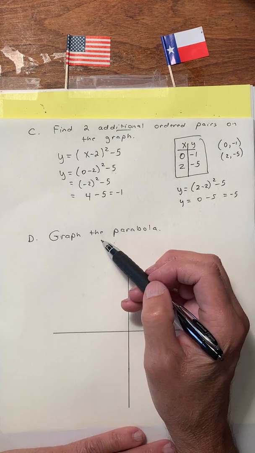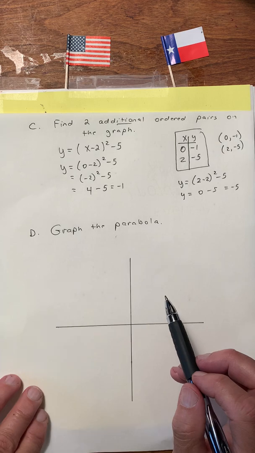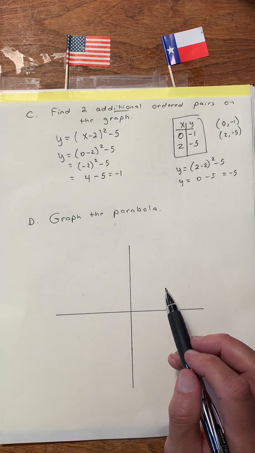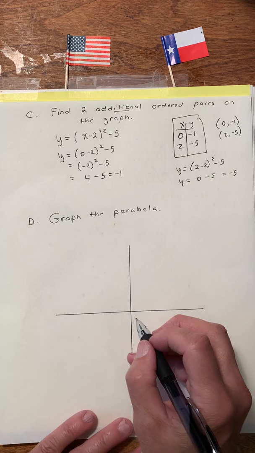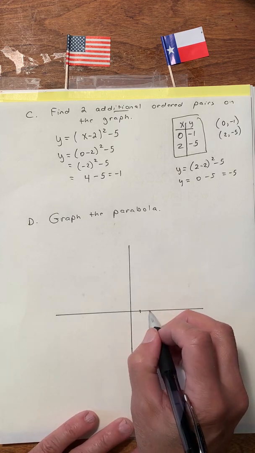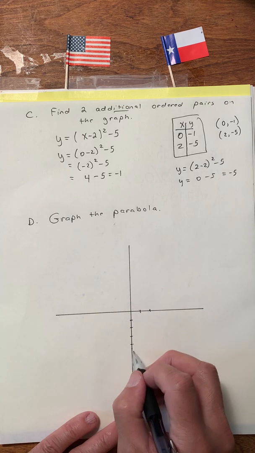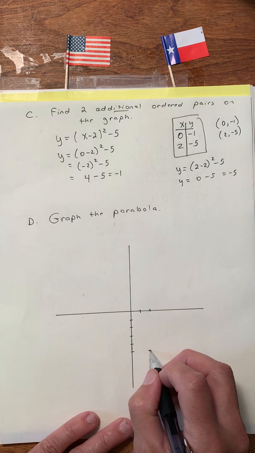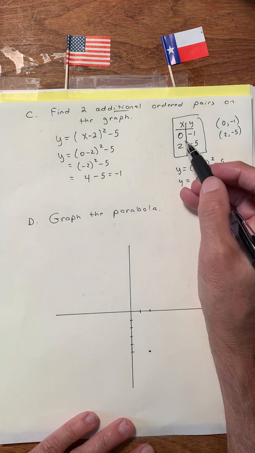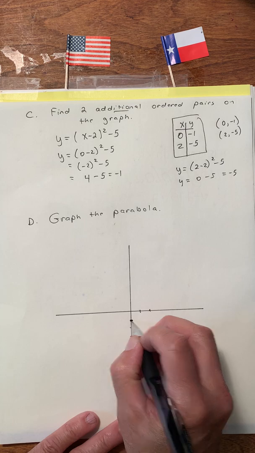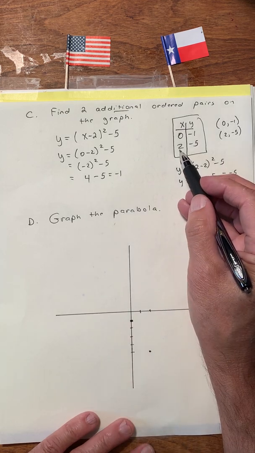All right, graph the parabola. Let's see. I've got a vertex, right? Vertex is at (2, negative 5). I know it goes to the point (0, negative 1). And it goes to the point 2.